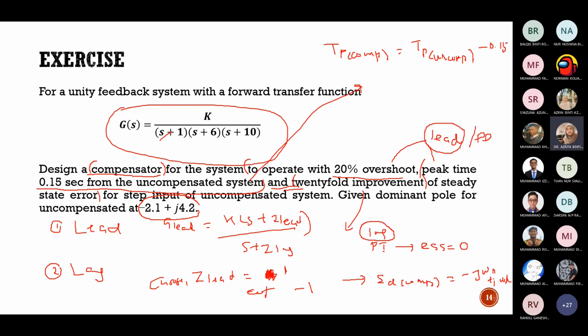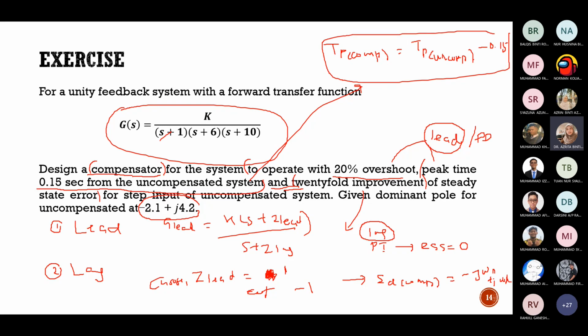Okay, so this is the meaning of the statement: peak time, 0.15 second from the uncompensated system. So TP compensated equals TP uncompensated minus 0.15. So this is our design requirement.